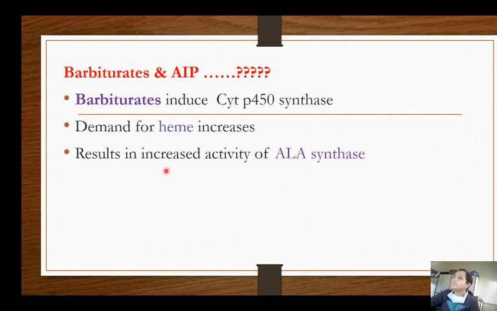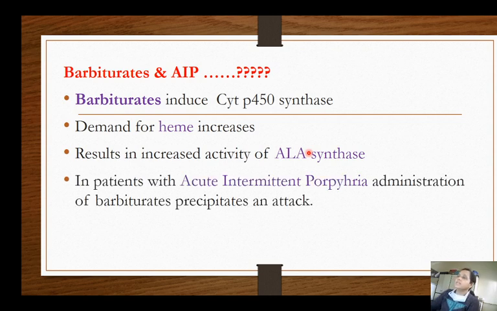As heme induces the activity of ALA synthase, there is increased activity of ALA synthase, and there is more formation of UPG. And in the patient with acute intermittent porphyria, the administration of barbiturates will precipitate the attack.